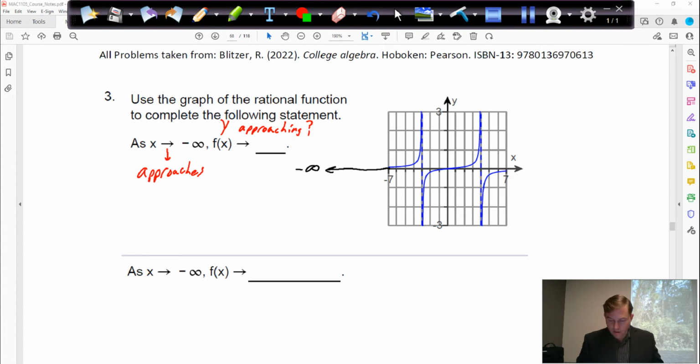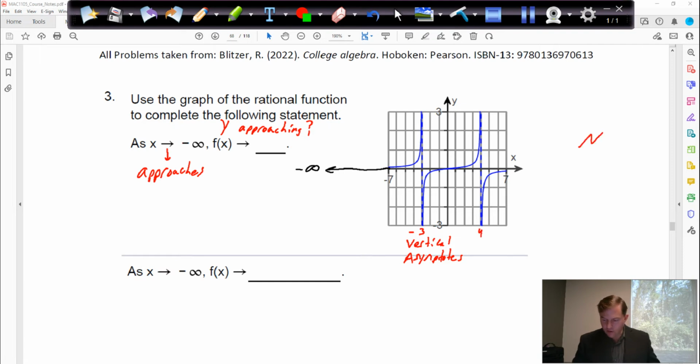Before we answer that, let's look at some other things. At x equal to negative 3, we have this vertical asymptote, this dashed line, and also at positive 4.